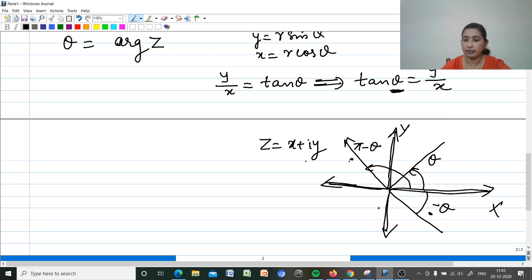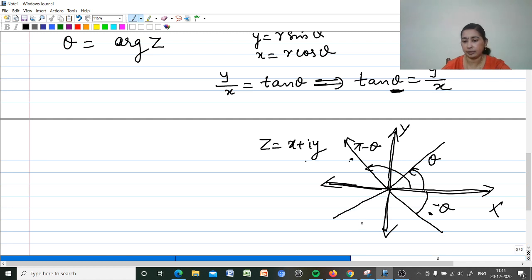Then if it is coming in the third quadrant, instead of pi minus theta, we have to take minus of pi minus theta. The reason is that here it is in this direction, whereas if the angle is here, we take it this way. So in this quadrant, it is minus of pi minus theta.